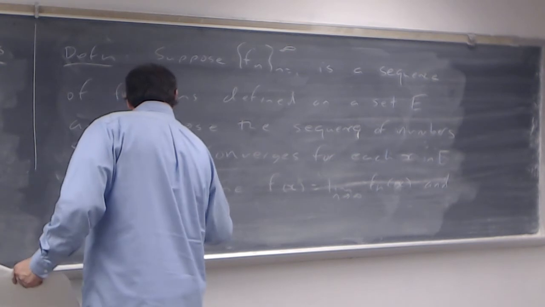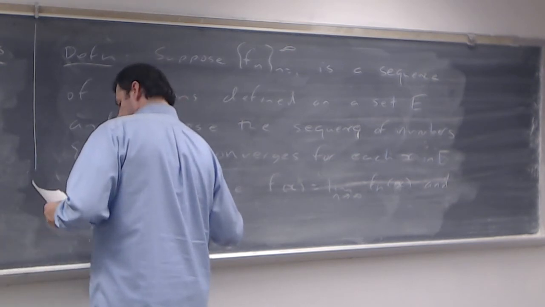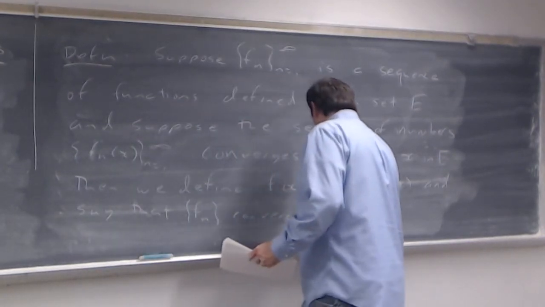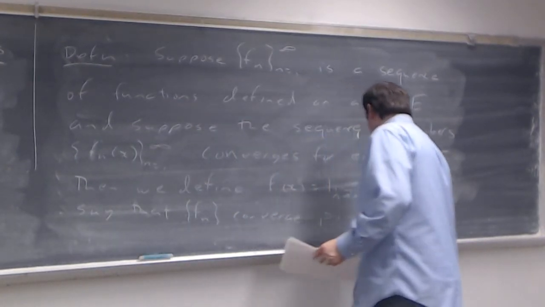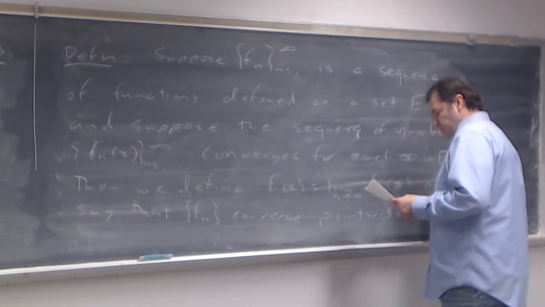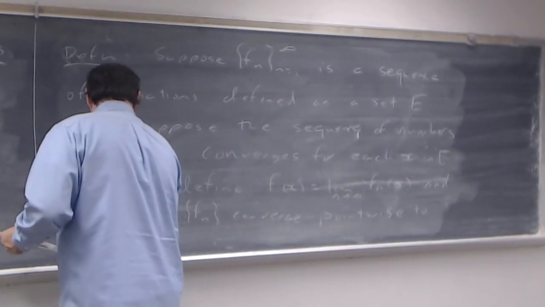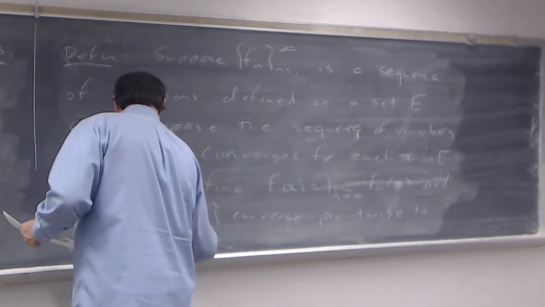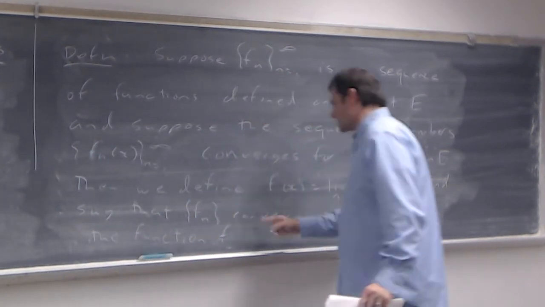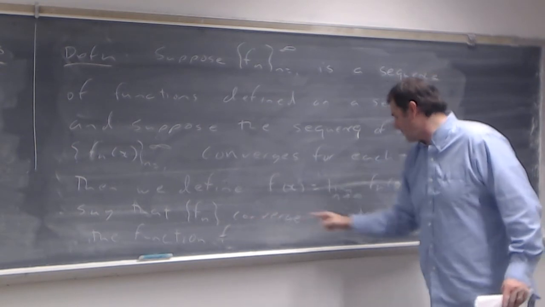We say that the sequence of functions f sub n converges pointwise to the function f, or our book says that f sub n converges to f pointwise.